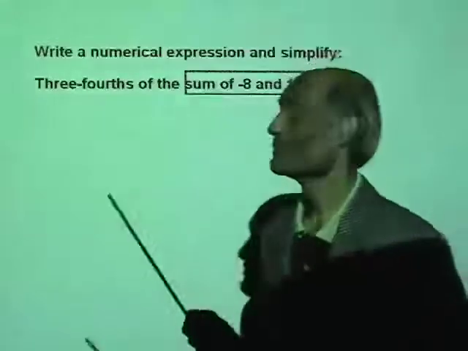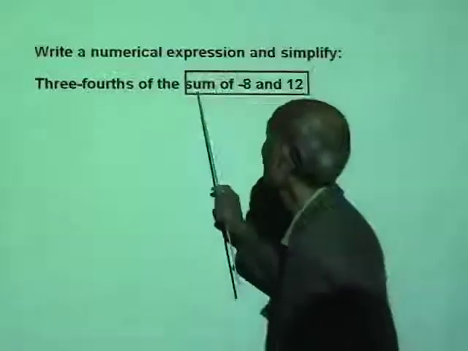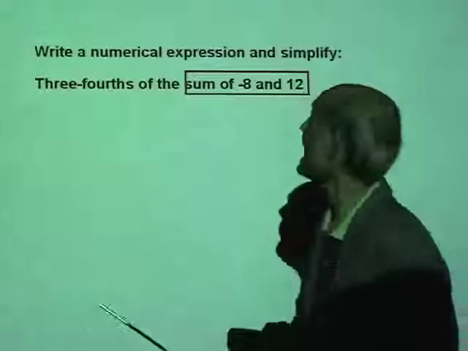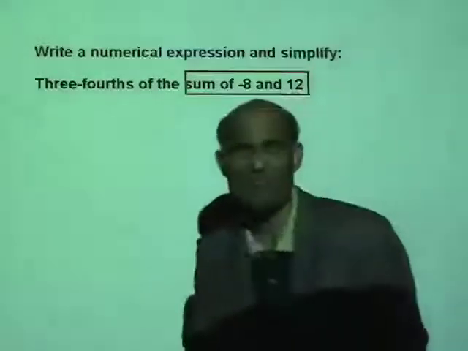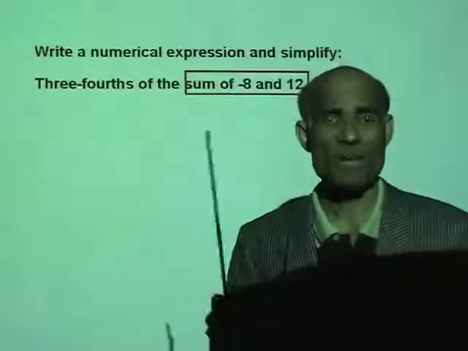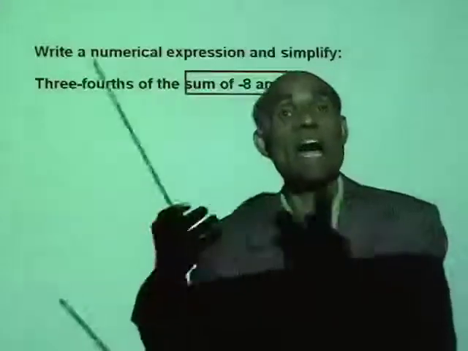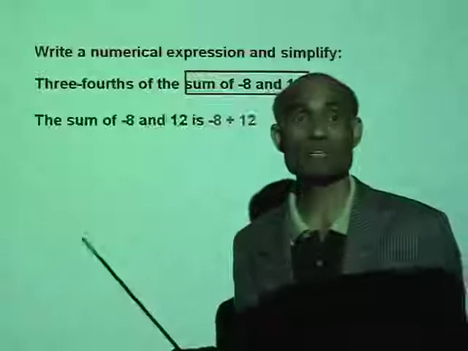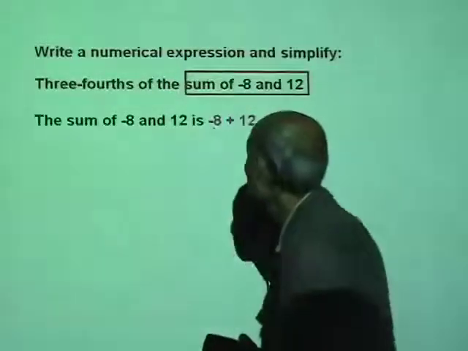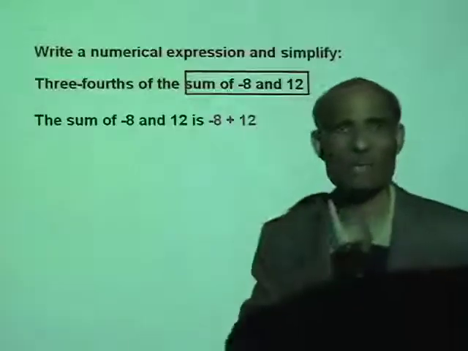Okay. First of all, concentrate on this. What is the sum of negative 8 and 12? The sum of negative 8 and 12. Well, it means negative 8 added to 12. The sum of negative 8 and 12 is negative 8 plus 12.